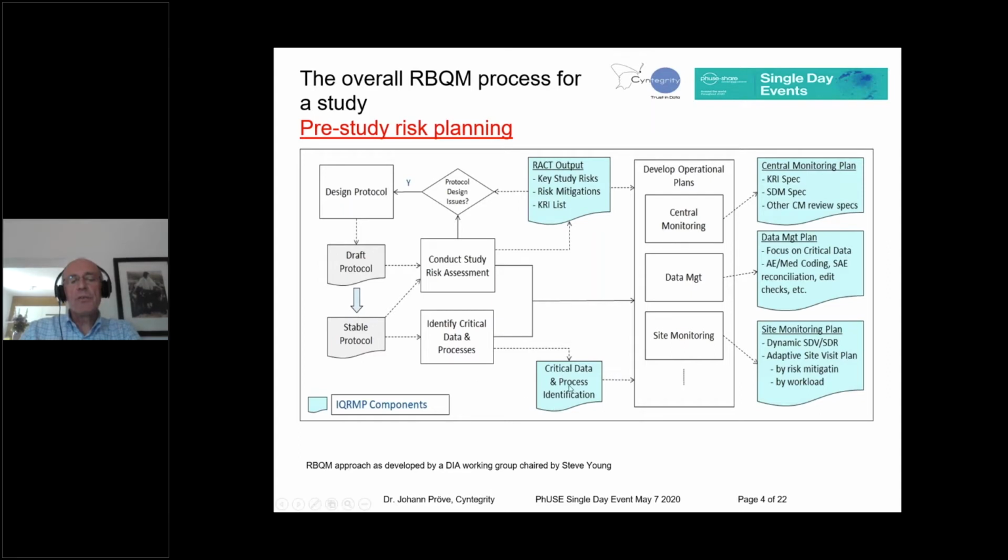And here at the bottom of that slide, you see the critical data and process identification. Also something that I think is important to keep in mind, that we do not only talk about critical data, we also talk a lot about critical processes. And for instance, moving data from one database to another database, from EDC into the SAS environment, and from the SAS environment to the pharmacovigilance system, are processes that need to be kept under control.